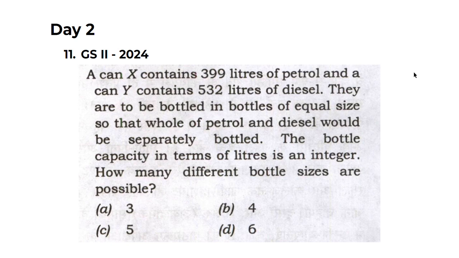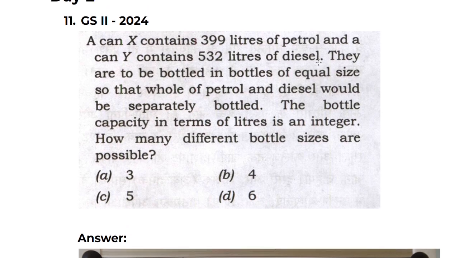Okay, 11th question. It says a can X contains 399 liters of petrol and a can Y contains 532 liters of diesel. They are to be bottled in bottles of equal size. Focus here, equal size, so that the whole of the petrol and diesel would be separately bottled. You are not going to mix diesel and petrol here.